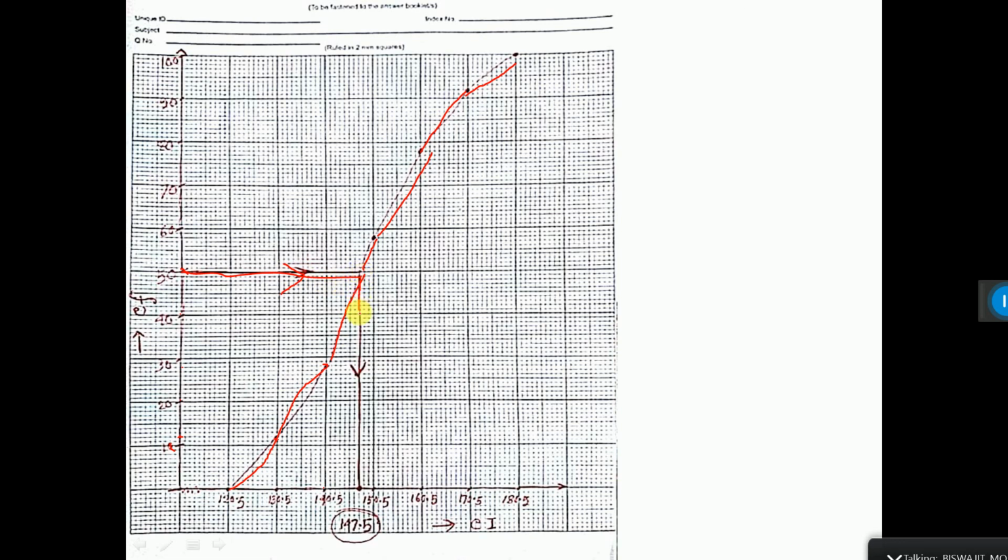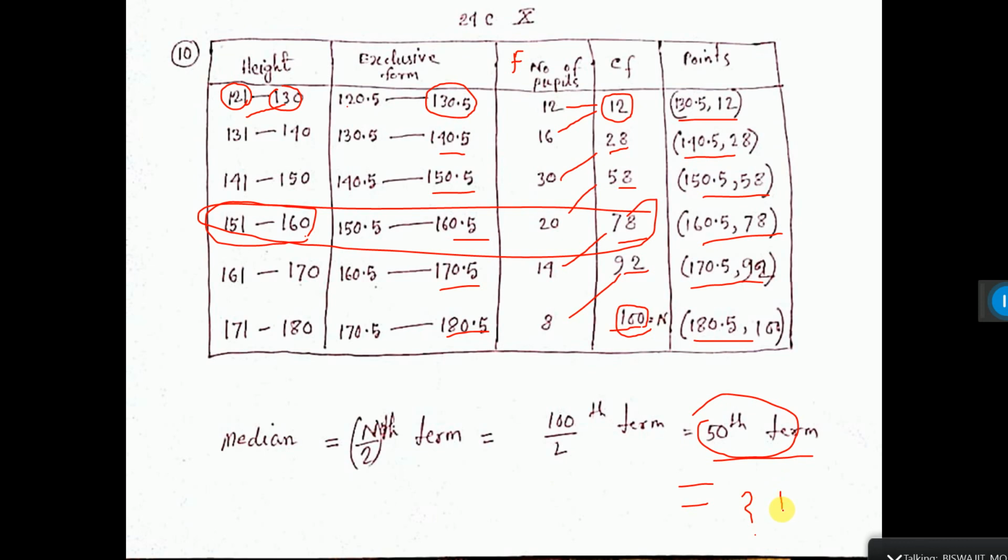Then from the graph you draw one vertical line down to the base line. So this is the answer, the median. What is the answer? See here 140.5 and here 150.5. So in between here, after counting the boxes, I see it is 147.5. So I have to write 147.5 is the answer. Is it clear?